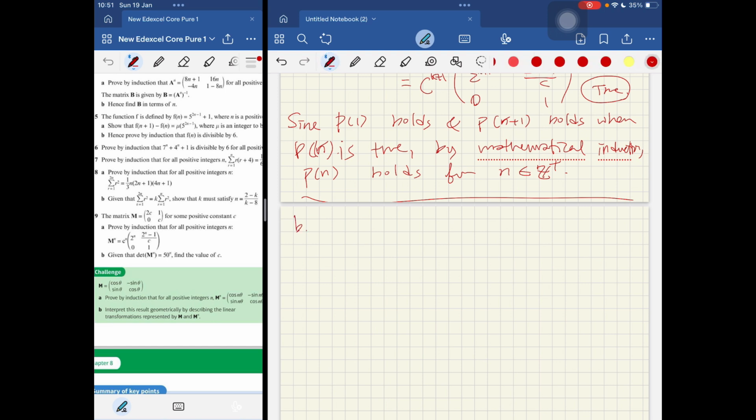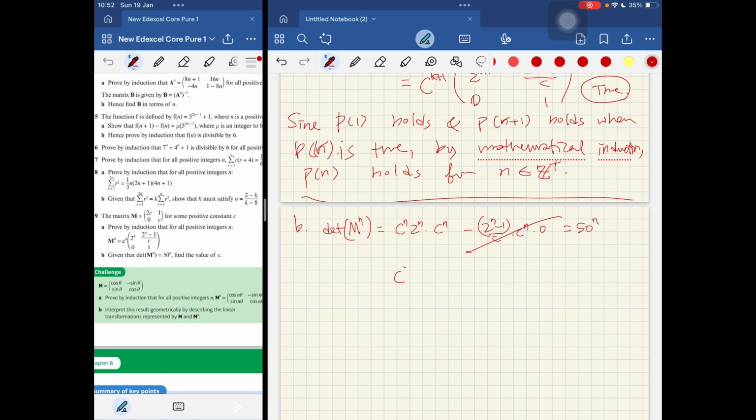determinant of m to the power of n is 50n. So, okay, so AD minus BC equals 50 to the power of n.